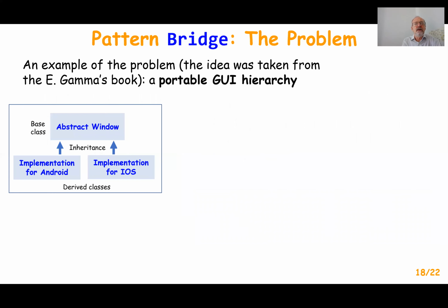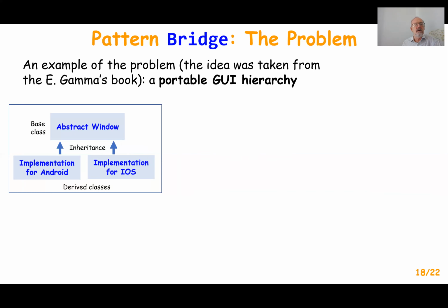So this is an abstract example of the problem. Suppose we are going to develop a portable GUI interface. And the keyword here is portable. That is, we need to ensure that our software should be running on different system platforms.